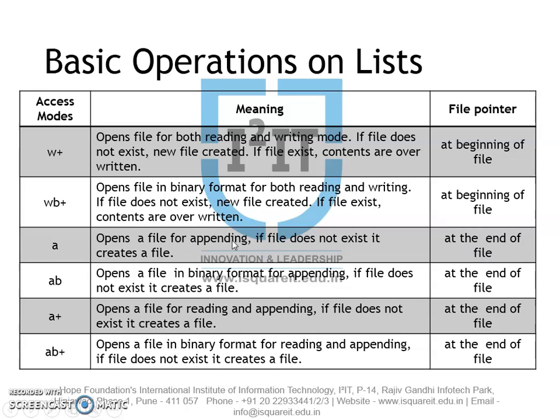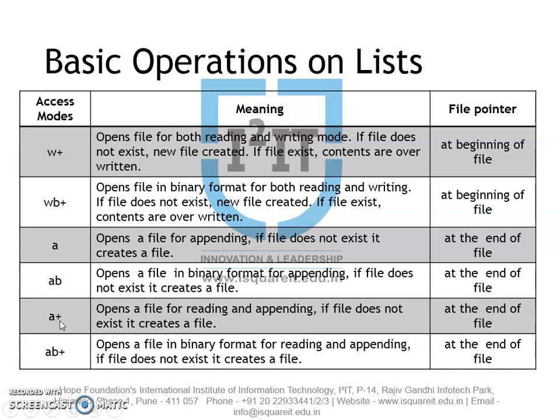As we are saying appending a data, so whatever the previous data is, at the end of the data, new data will be appended. So the file pointer is always at the end of the file. Next mode is ab, that is opens a file in binary format for appending. And if the file does not exist, then new file will be created. This also starts from end of the file.